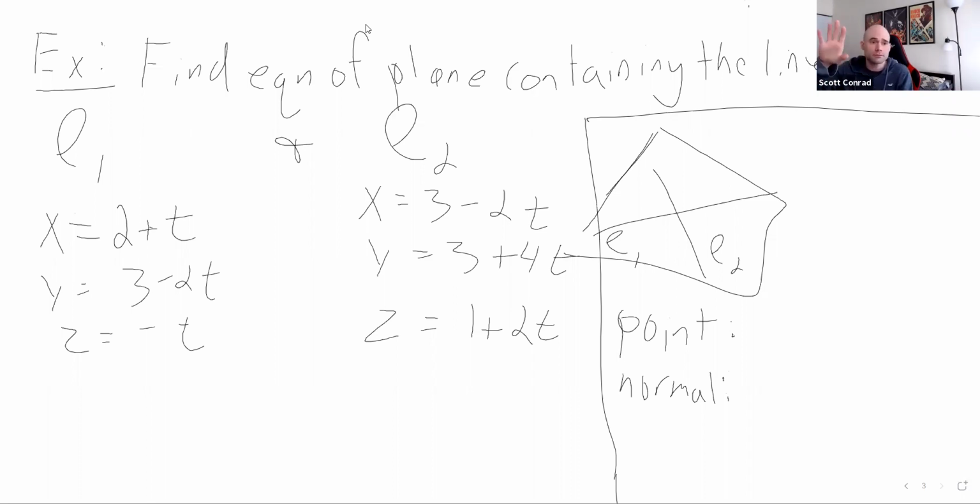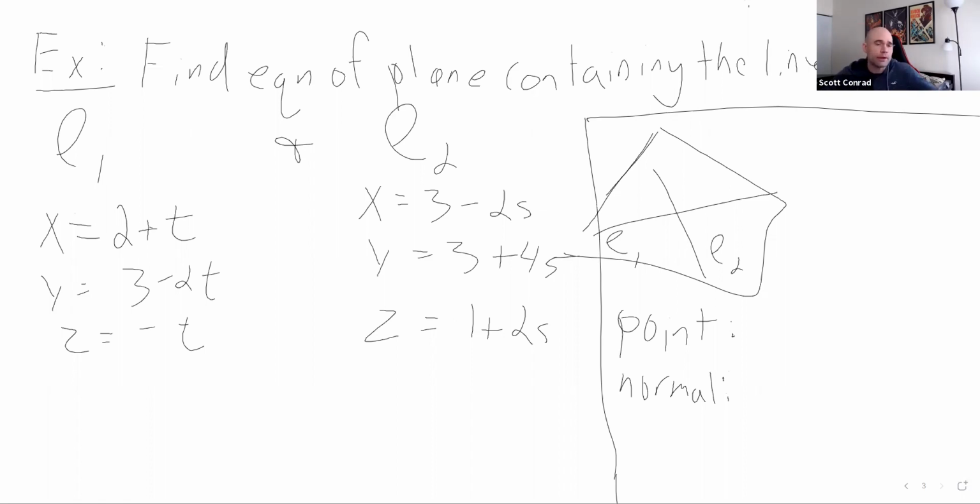Also, I want to be careful: these are two separate equations, and the t values are not related to each other. So maybe it would have been better to call this one s rather. Let me do that.